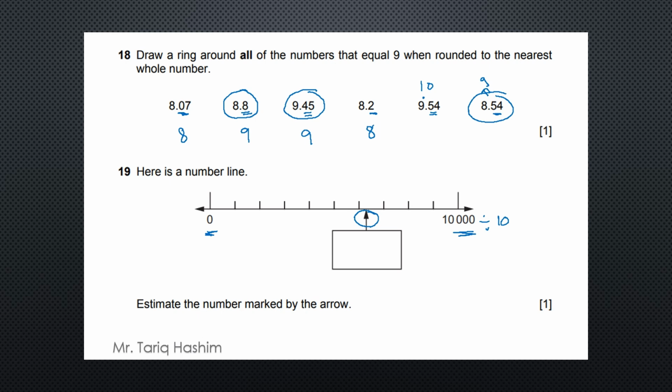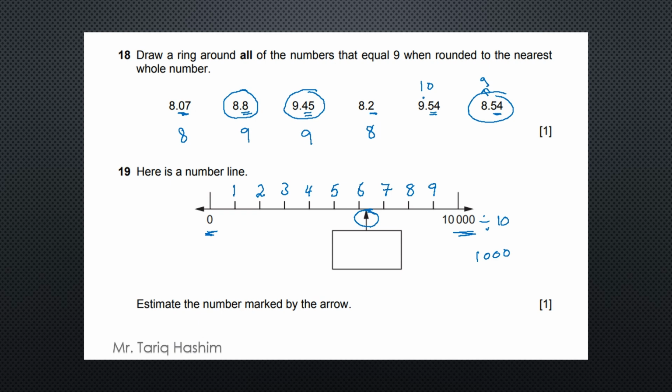So 10 thousandths divided by 10 gives 1 thousandth. So each part here will represent the value of 1 thousandth. If we start from 0 here, the next one will be 1 thousandth, 2 thousandths, 3, 4, 5, 6, 7, 8, and 9 thousandths.